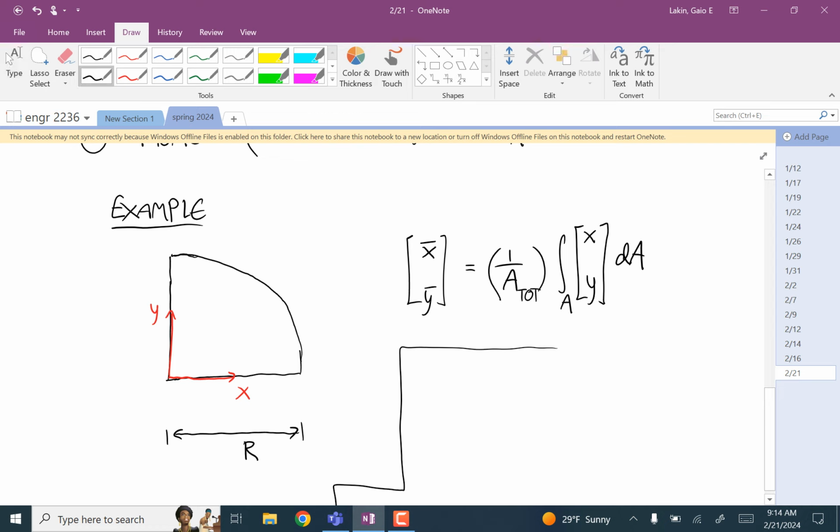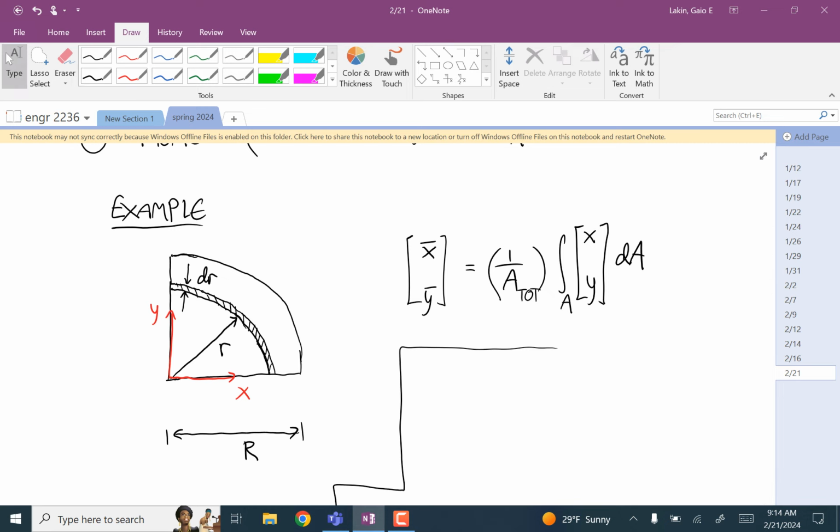I was thinking that I would break it up into infinitesimally thick arcs like this, where the distance out to that arc is lowercase r, and the thickness is dr. Okay, so that shaded region is one of our infinitesimal amounts of area.